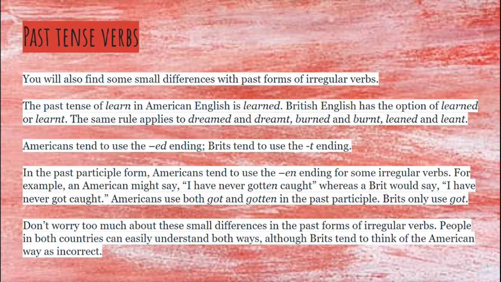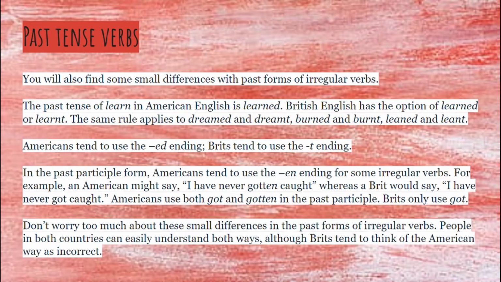Now, in past participle form, Americans tend to use the en ending for some irregular verbs. For example, an American might say, "I have never gotten caught," whereas a Brit would say, "I have never got caught." Americans use both got and gotten in past participle, while Brits only use got.